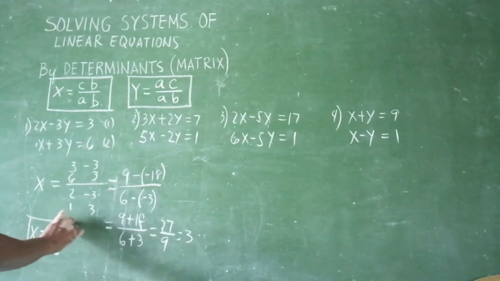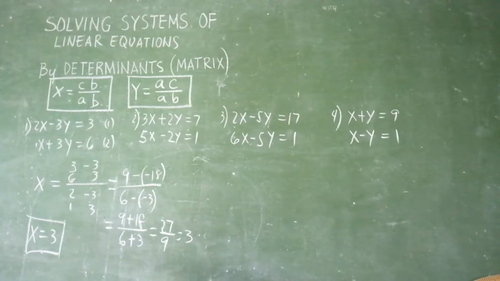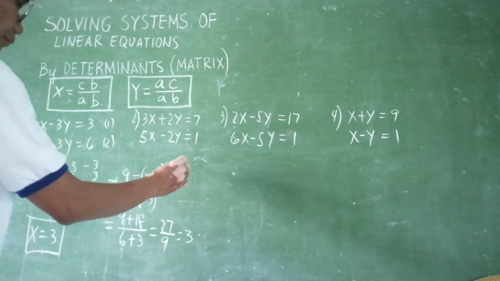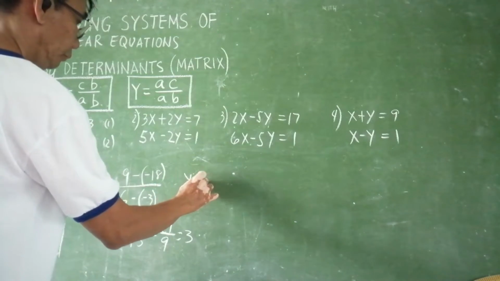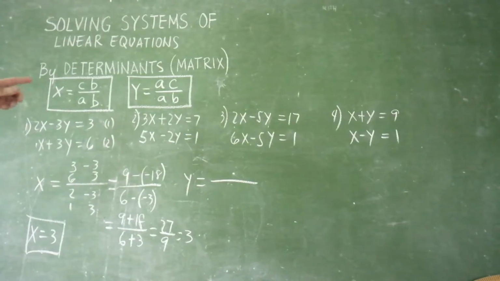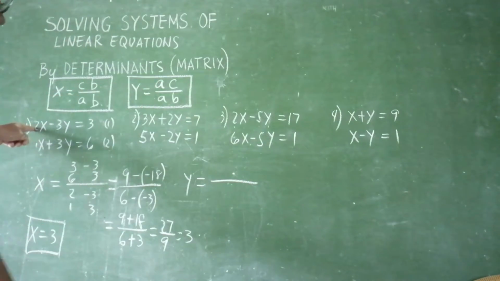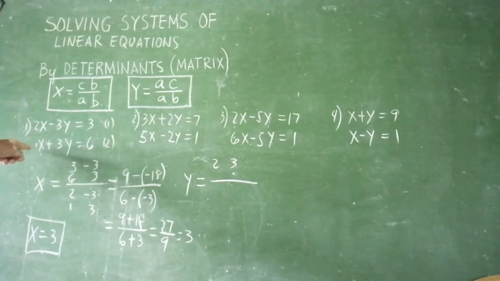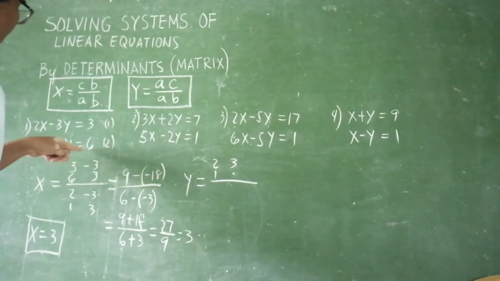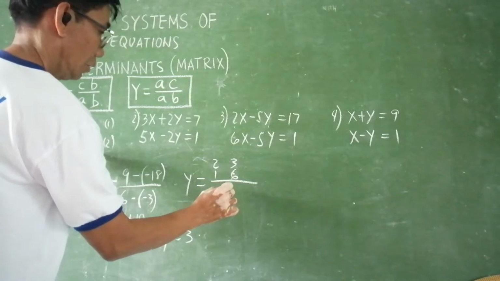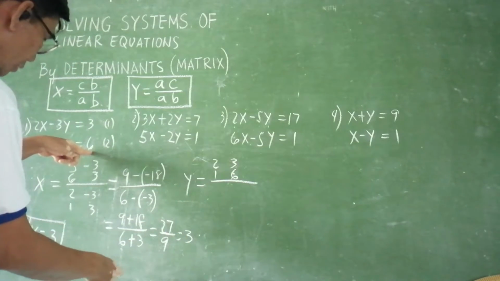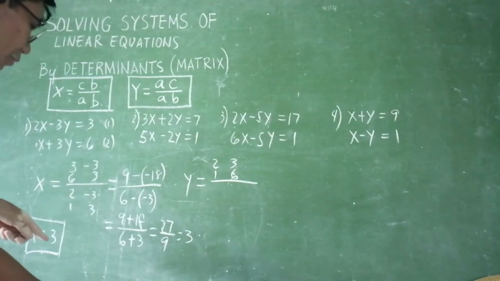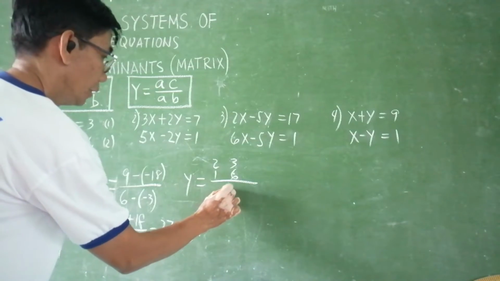Okay. For y, AC. So A, C, A, C. You have the same denominator because it is AB, so you just have 9.